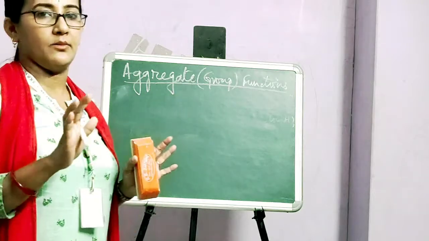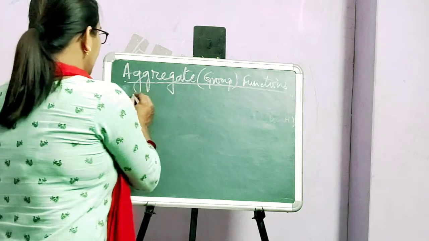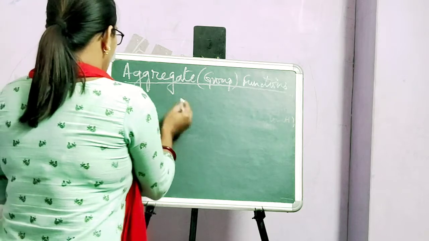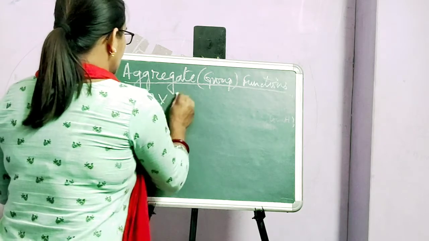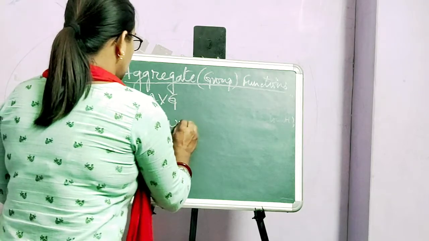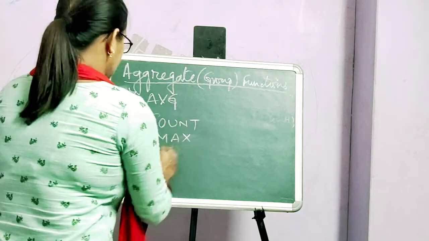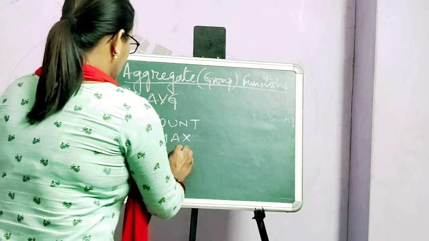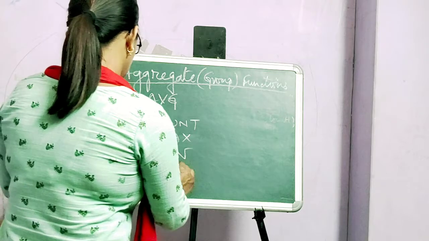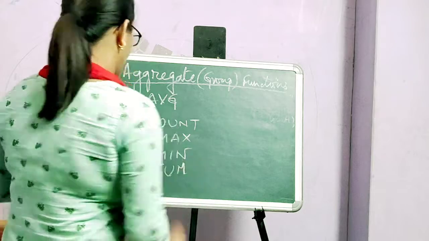So there are basically 5 aggregate functions. What are they? AVG, count, max, min, and at last sum.